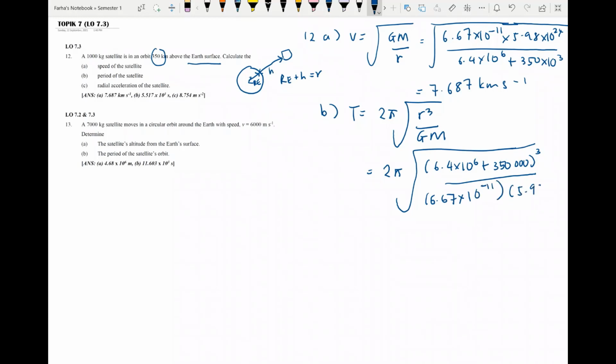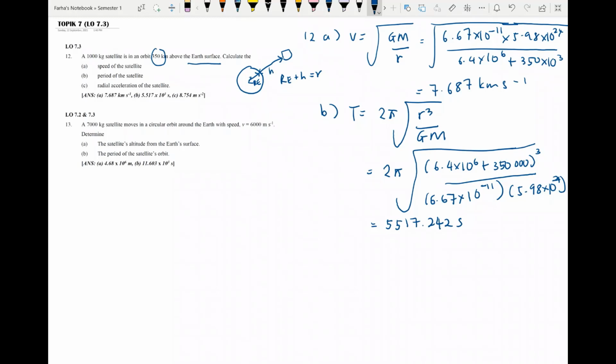Then the M is 5.98 power of 24. The values for the radius of Earth and the mass of the Earth have been given in the list of constants. You can refer to the list of constants to get all the constant values.